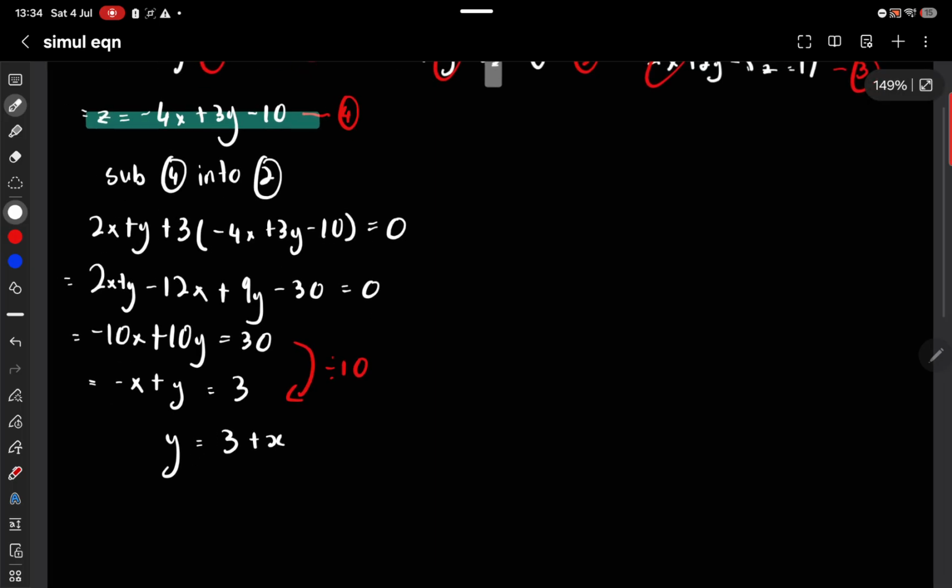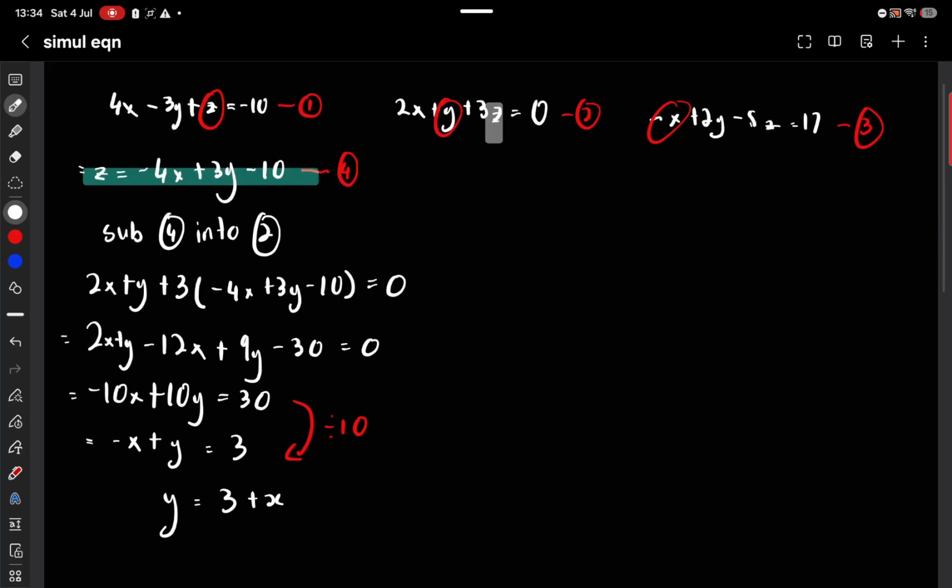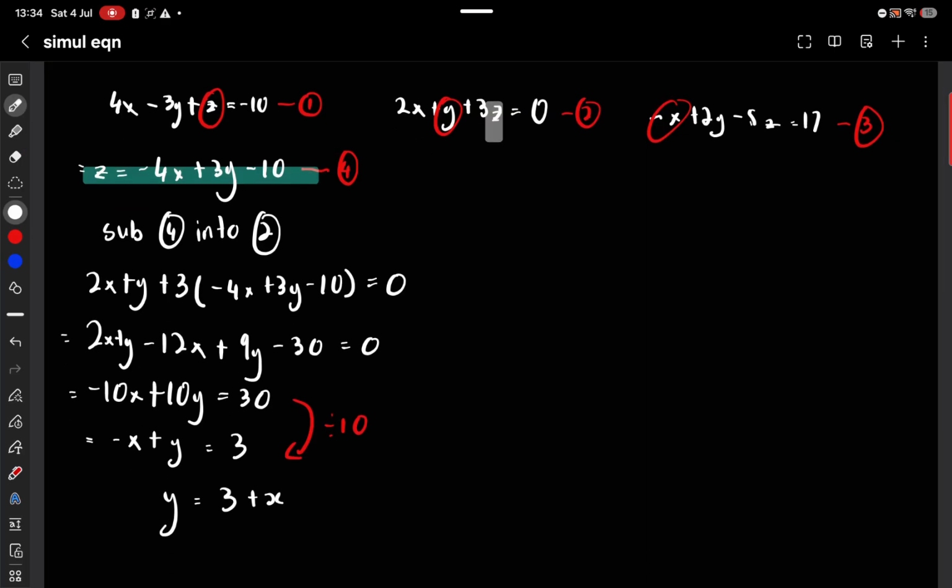So now we can reuse that fourth equation that we created, because we've already subbed it into 2. Now we're going to sub it into 3. We copy back the equation as normal, negative x plus 2y minus 5z equals 17. Now we use our earlier z value.